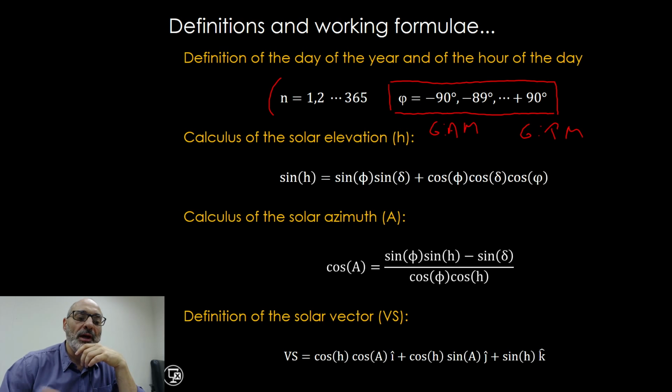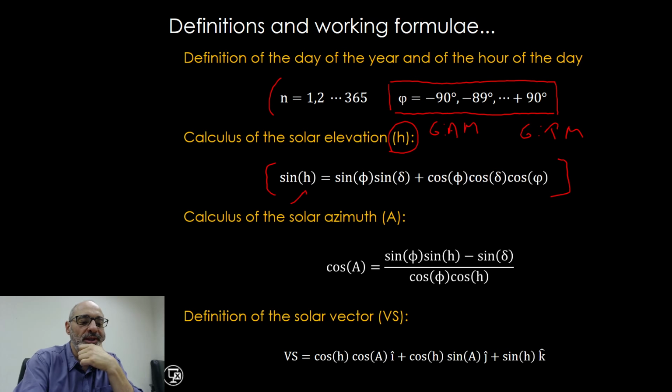So when we do our integrations, phi is going to range from minus 90 to plus 90, and that's it.